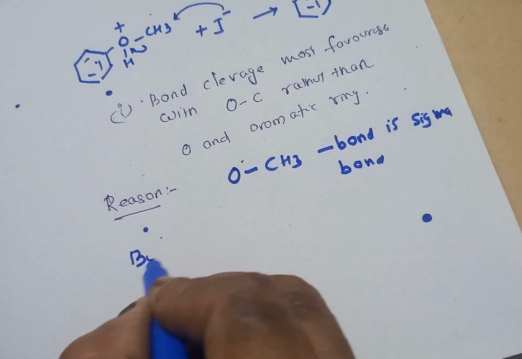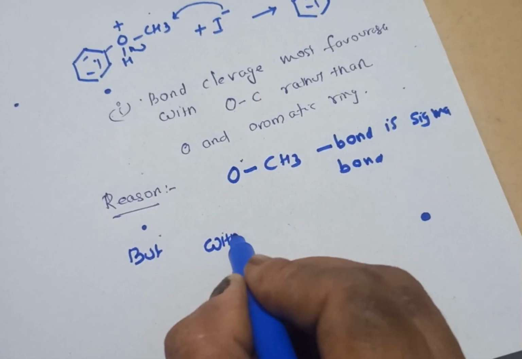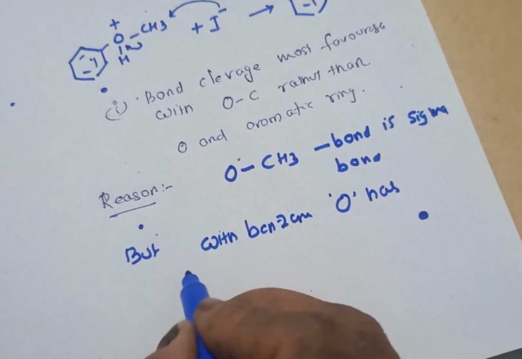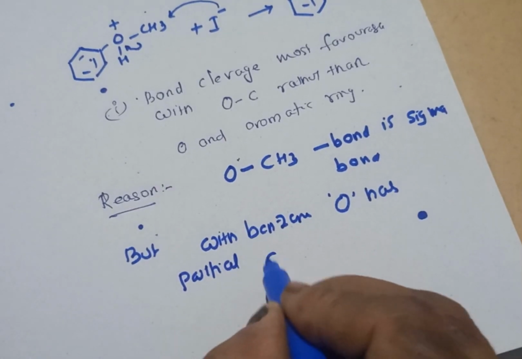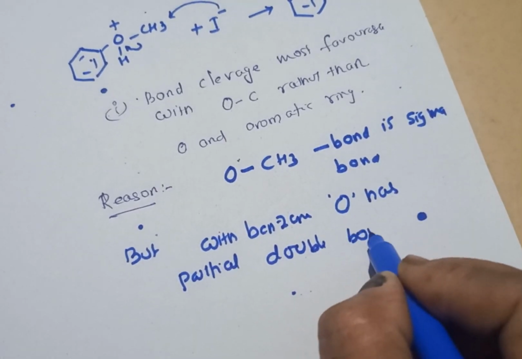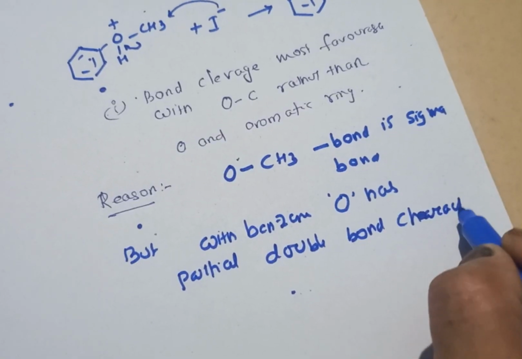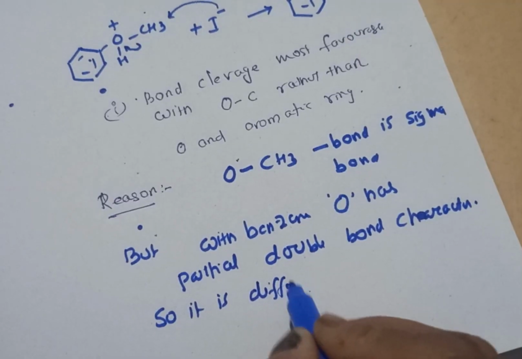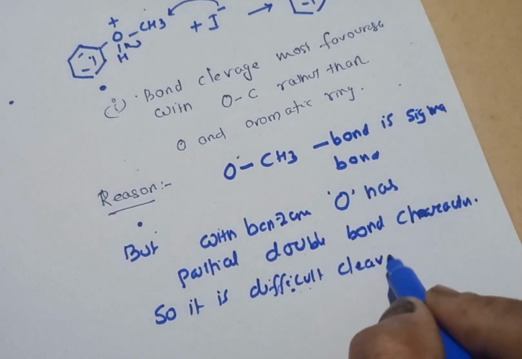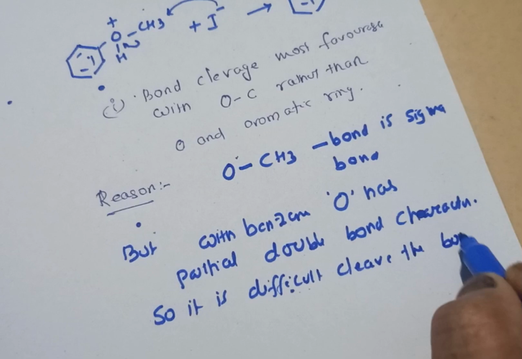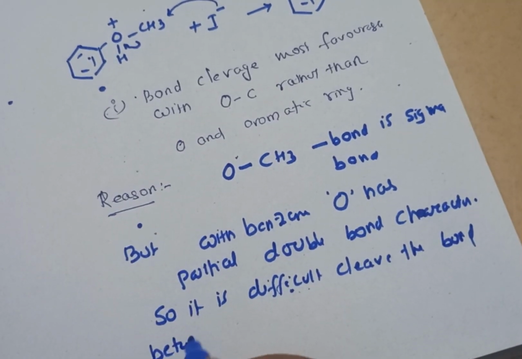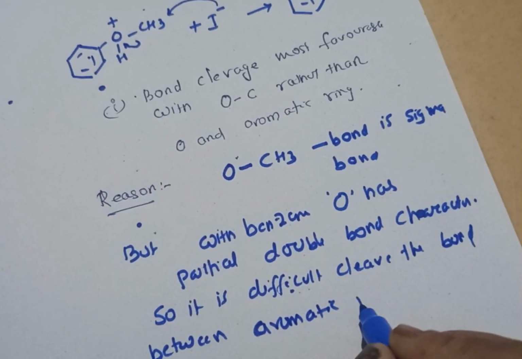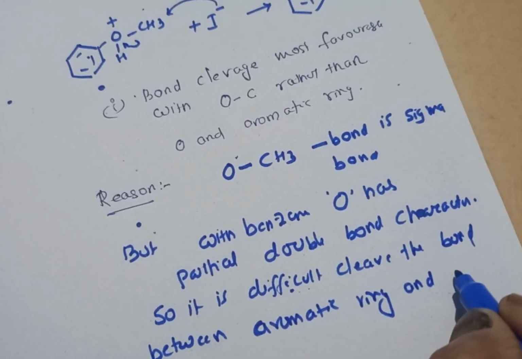But with benzene, oxygen has partial double bond character. So it is difficult to cleave the bond between the aromatic ring and oxygen.